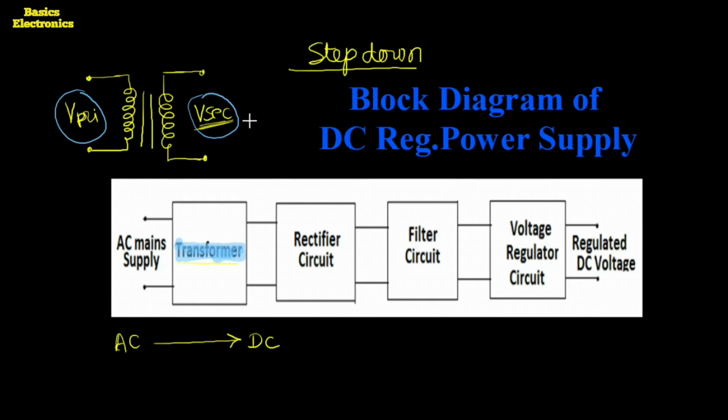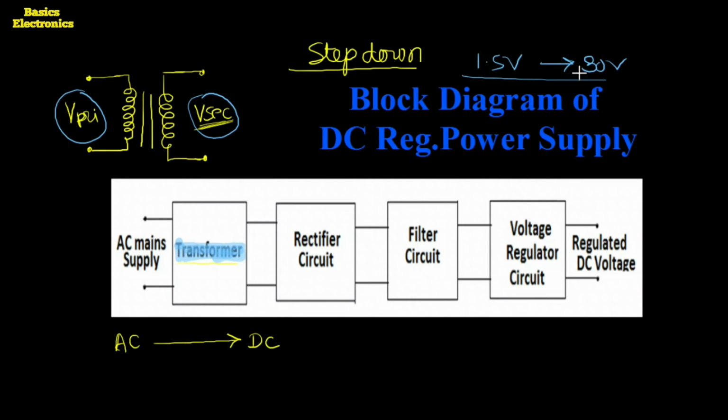transformer. The second purpose of the transformer in the DC regulated power supply is that it provides a lower secondary voltage. We do not require a higher secondary voltage; we require a lower one than the AC mains supply, because whatever electronic circuits we are using require a voltage of roughly 1.5 volts to 30 volts.